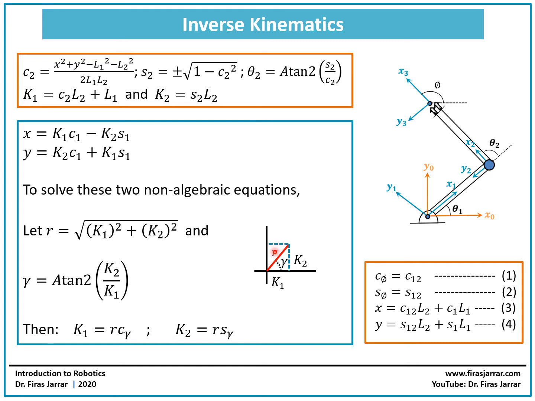And the angle gamma is going to be tan inverse of k2 over k1, or put another way, gamma is going to be the atan2 of k2 over k1. So now, instead of using k1 and k2, we replace them with r and gamma. k1 can be represented as r cosine gamma, and k2 is r sine gamma.